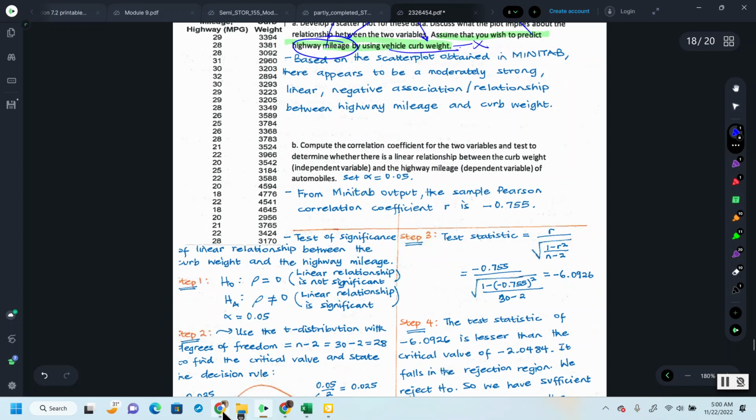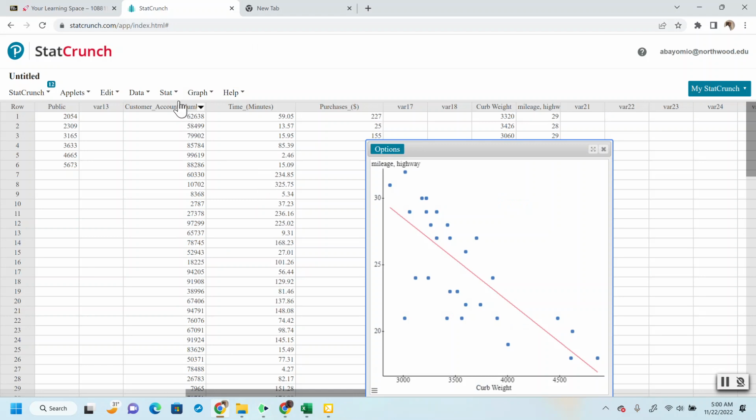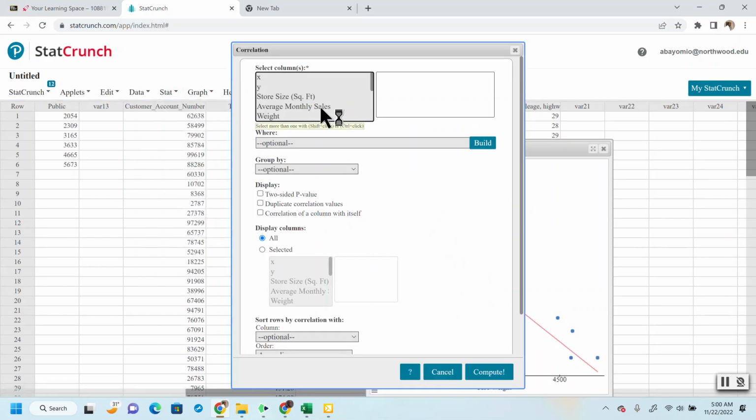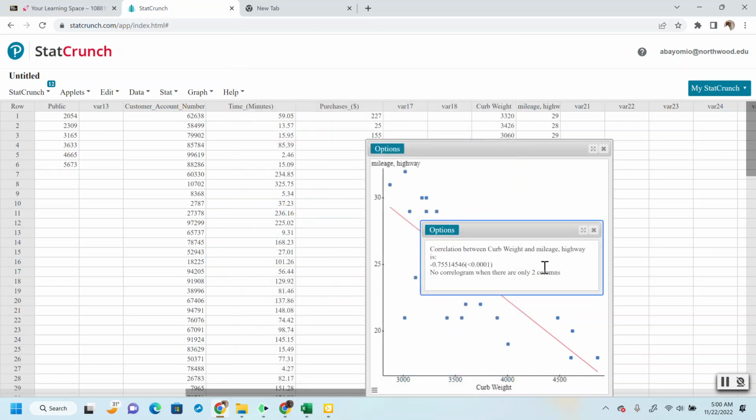To do that, let's go to StatCrunch, go to Statistics, go to Summary Stats, go to Correlation. Between, click on curb weight, hold down the Control button to click on mileage. And if you want the two-sided p-value, you can also compute that.